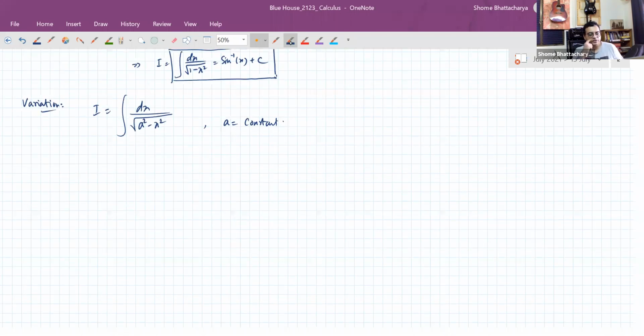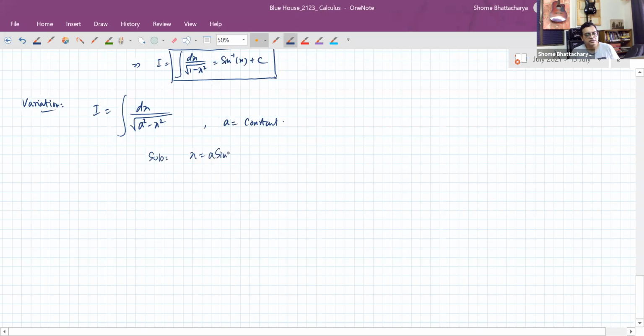So I'm just giving you the first step for those of you who might not have started this integral. The first step is, see here, to get rid of this a square term. We take advantage of again that identity that 1 minus sine square is cos square. But then there is also this a square. So we'll substitute trigonometrically that we substitute x as a sine theta.